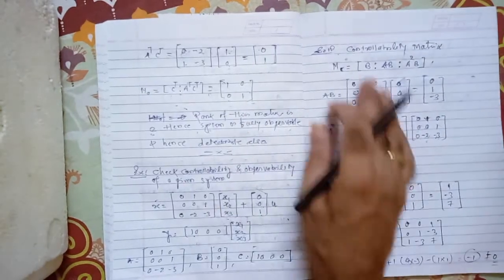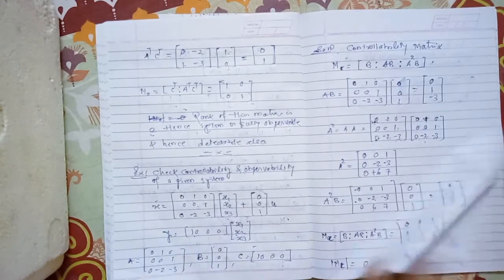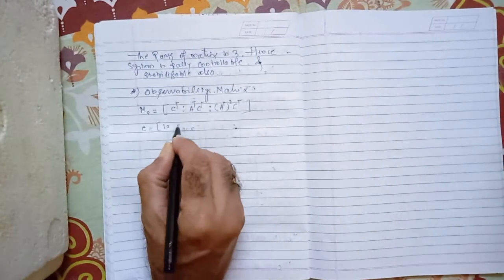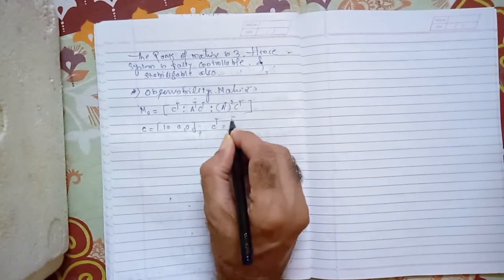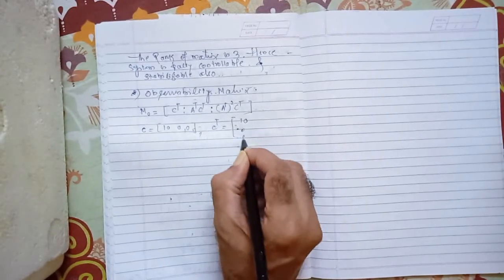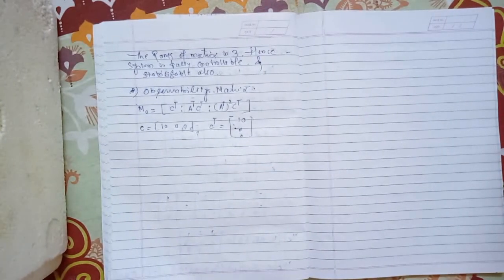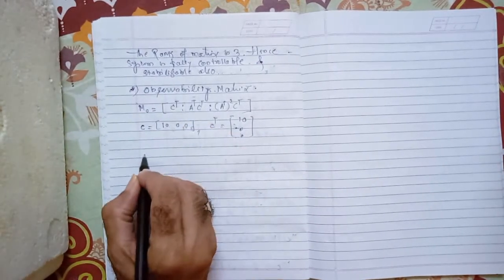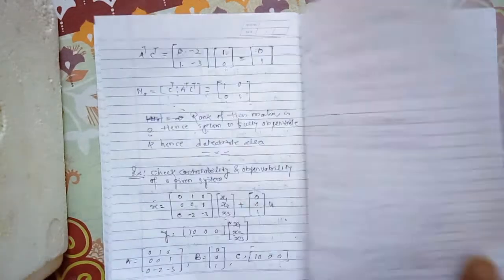Now see here, the C we know, that is 1 0 0, so C it is equals to 1 0 0, so C transpose it is equals to 1 0 0. This is my C transpose matrix. Now this matrix we have calculated. Now we will find out the A transpose. A transpose it is equals to what?